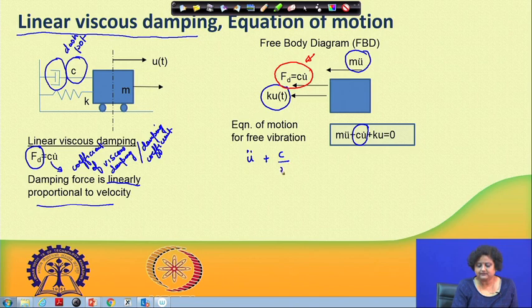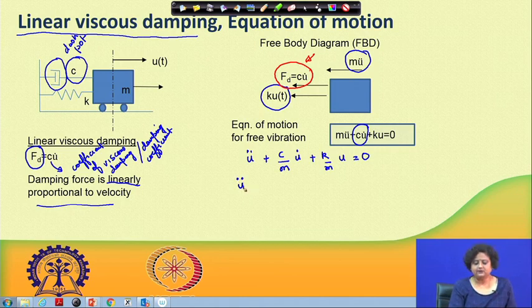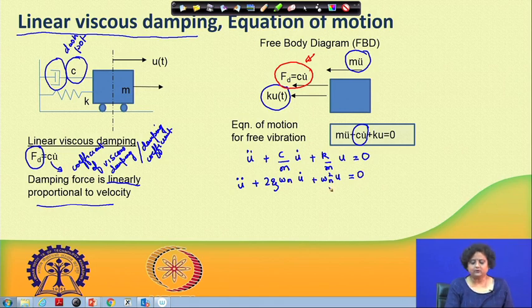Like the previous case, let me write it in a different form: u double dot plus c by m into u dot plus k by m into u equals 0. I am going to write this as u double dot plus 2 zeta omega n into u dot plus omega n square into u equals 0. We already know that omega n square is k by m, the natural frequency of the system.